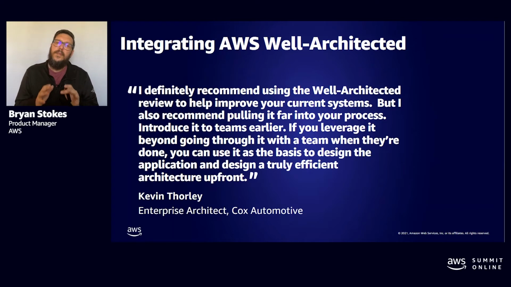Now, one that I've heard come up more and more recently is how do you use a subset of the best practices within Well-Architected that are deemed critical to your business and use them as a stage gate for release into production, so that there are certain critical best practices where you wouldn't want to let a system go into production until those were addressed.